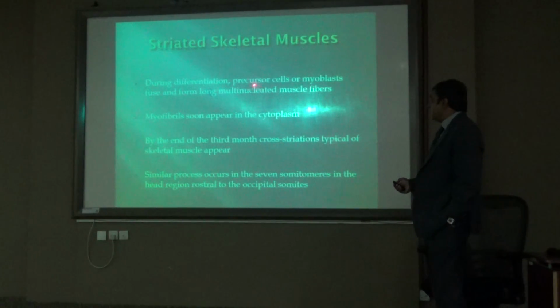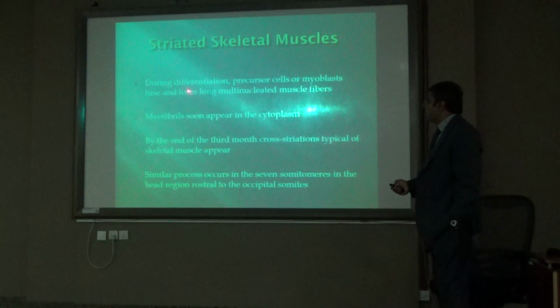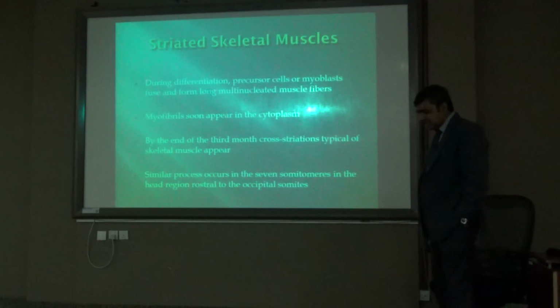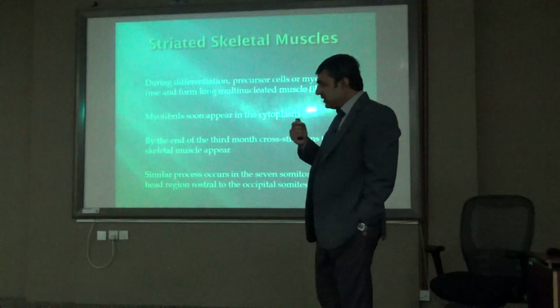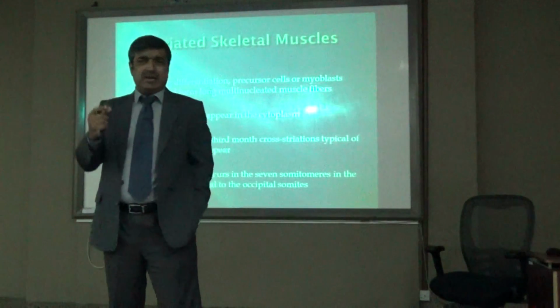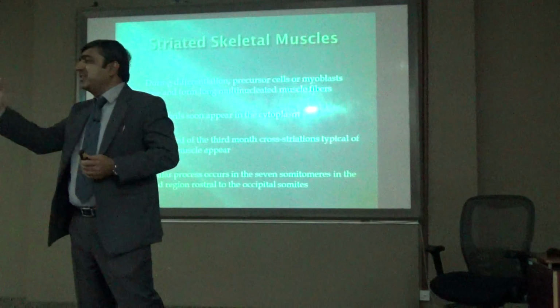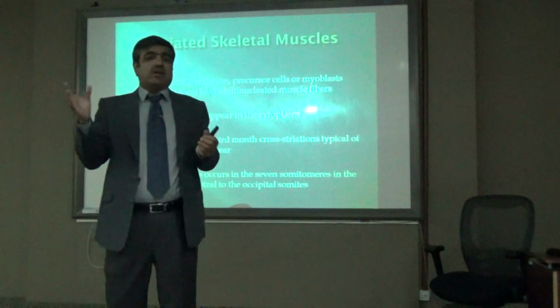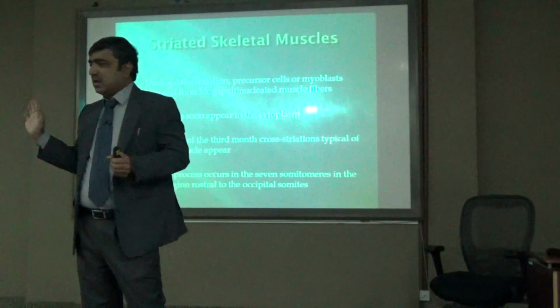During the differentiation, precursor cells of myoblasts fuse and form long multinucleated muscle fibers. Myofibrils soon appear in the cytoplasm. One thing at the histological level: muscle cells at their origin are simple like other cells of the body.